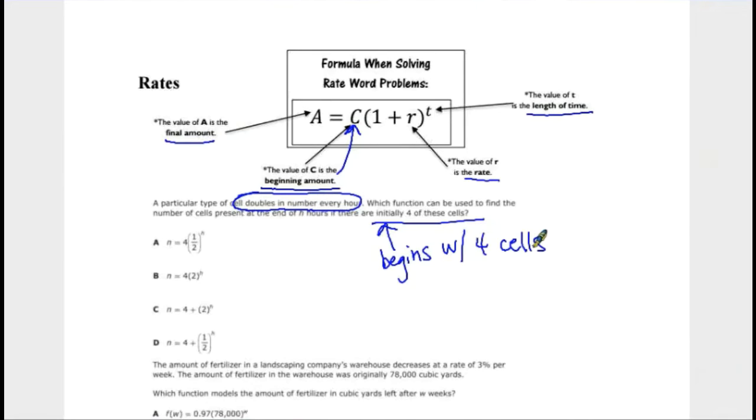So let's see what we have in our answer choices here. If I look at A, it says that I'm going to have my rate, so we're looking at this piece right here, halved. Well, that's not what's happening, right? Same thing with D. I'm not halving it, I'm doubling it. Between B and C, B says that you're multiplying and C says that you're adding 4, which is your initial number of cells.